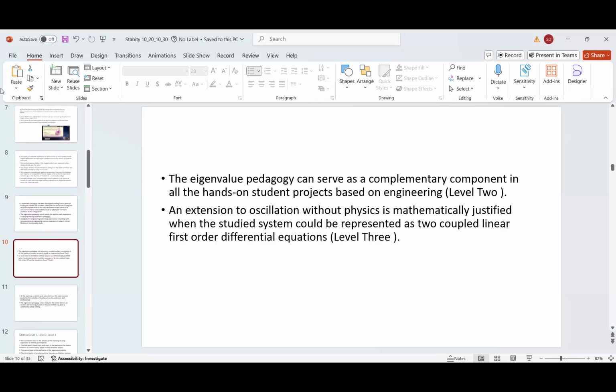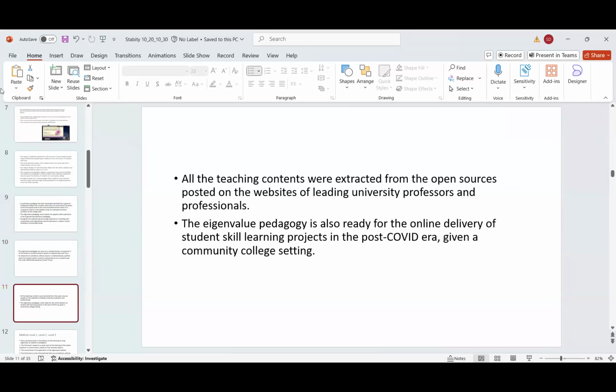The eigenvalue pedagogy can serve as a complementary component to all the hands-on, project-based student work in engineering at level 2. The extension to oscillation without physics is mathematically justified when the system a student studies can be represented as two coupled linear first-order differential equations, at level 3.